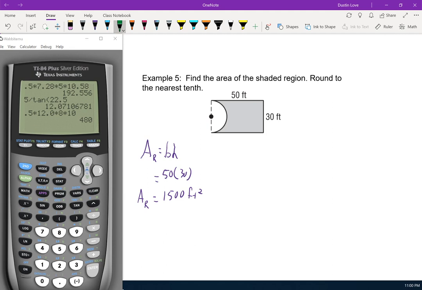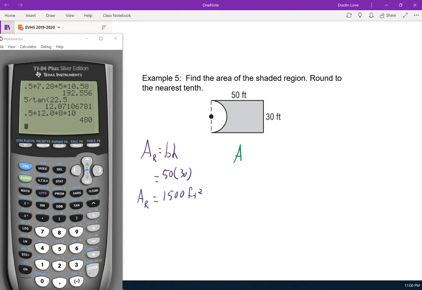Now I want to find the area of my semicircle. The area of the semicircle is going to be 1/2 pi r squared. So I've got to figure out what my radius is. Well, if this entire distance is 30, then my radius is 15.